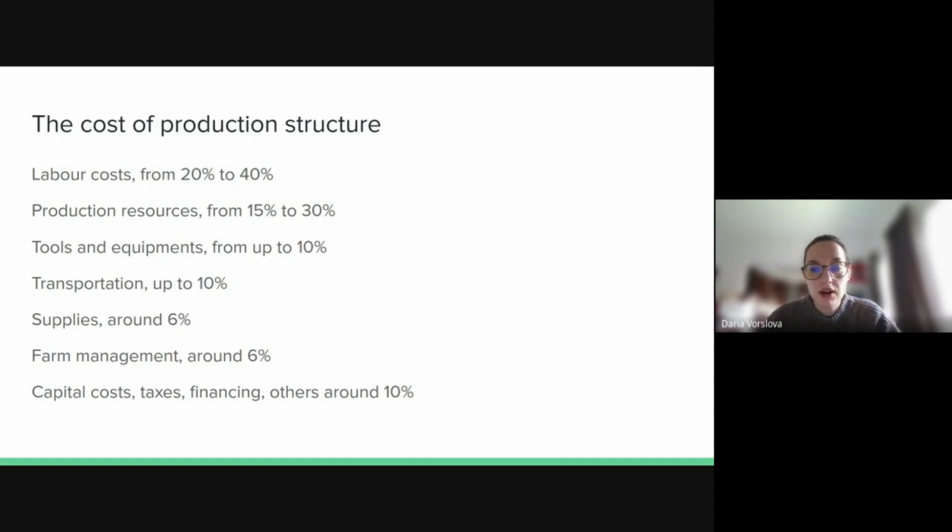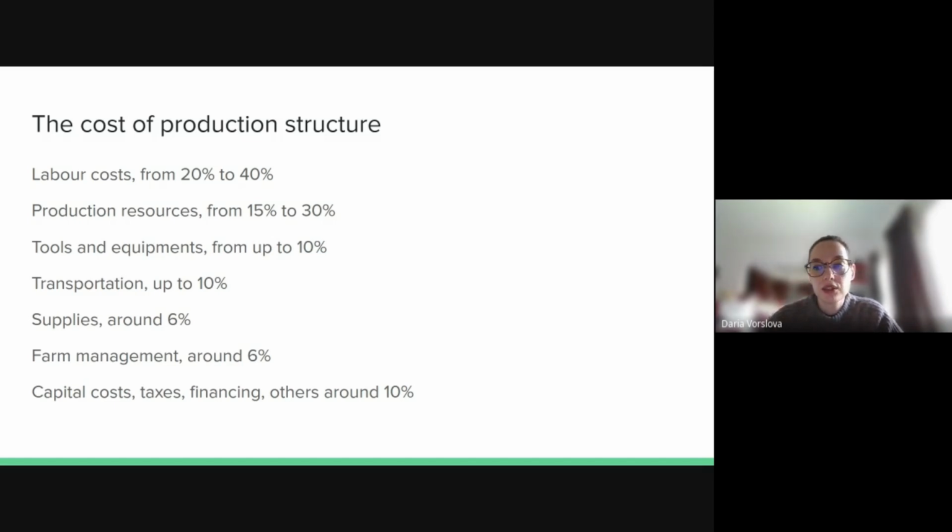Transportation to the cooperative or wet mill or other places is also part of the cost of production structure, along with different supplies, farm management, capital costs, taxes, and financing, because farmers also borrow money from banks to grow the coffee and to harvest the coffee.